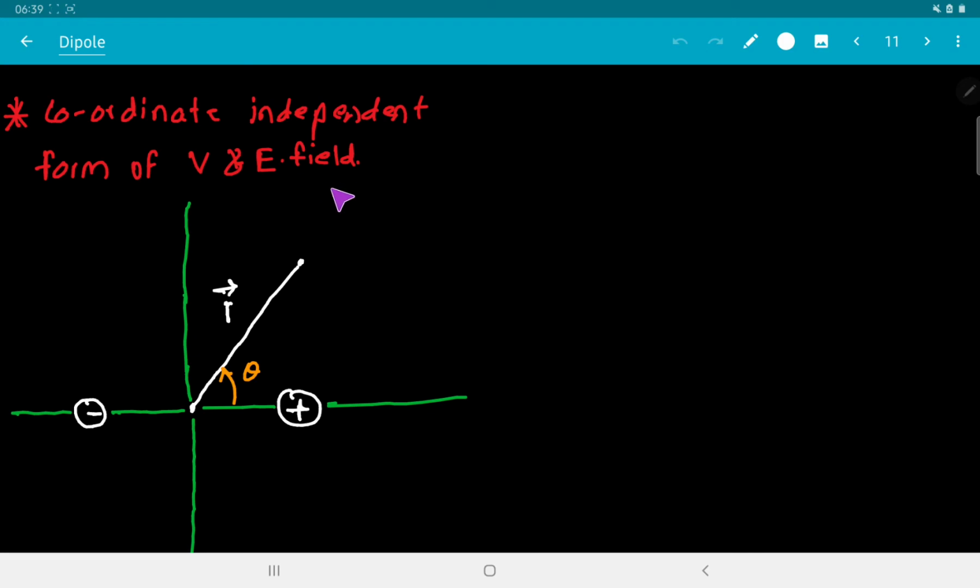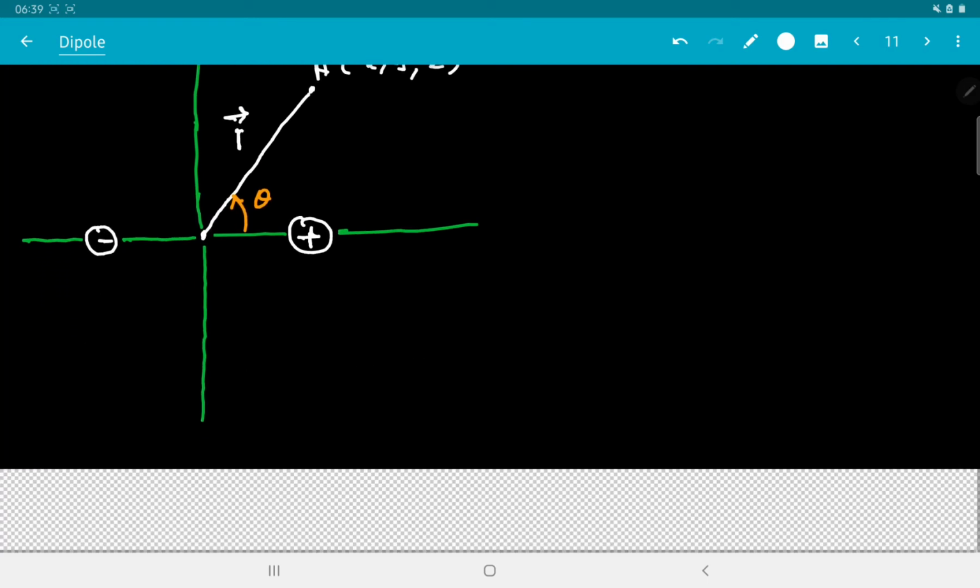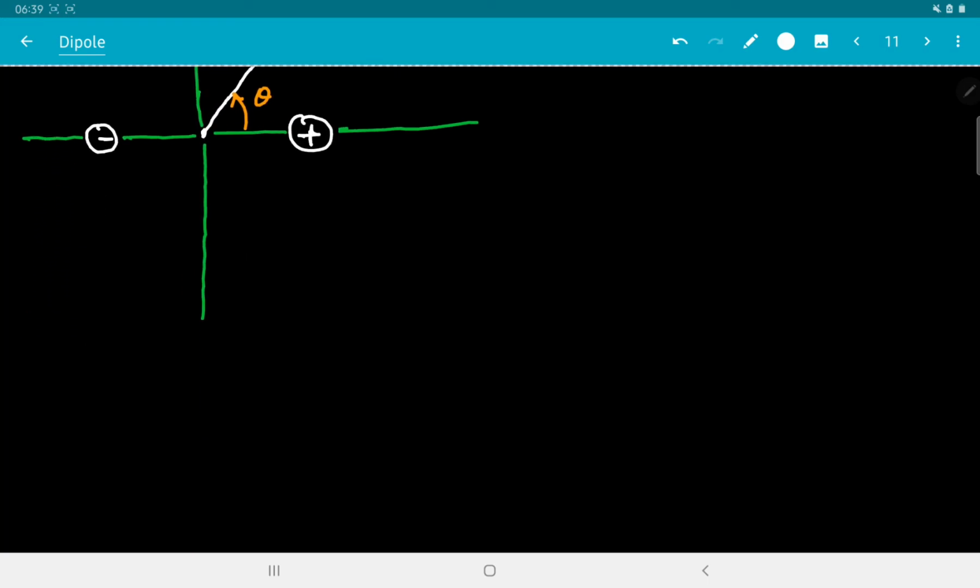But many a times they will ask us to find the electric field, let us say at this point A, and we will be given the x, y and z coordinates. That means in i cap, j cap and k cap direction. So we will not be able to use that formula directly. So now we will try to derive the equation of electric field and potential in coordinate independent form.